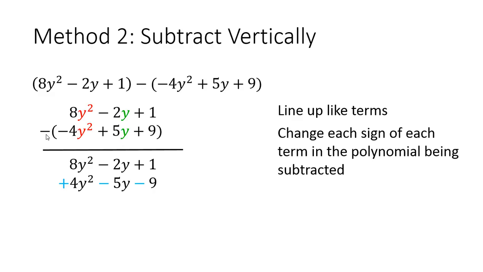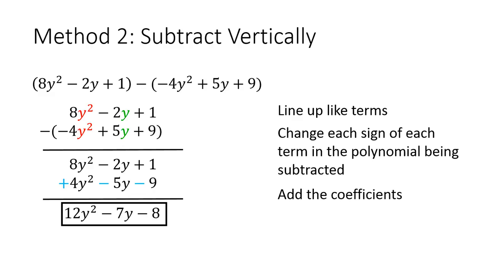So negative times this negative 4y squared, we'll change it to a positive 4y squared, and negative times a positive 5y will become a negative 5y, and then a negative times a positive 9 will give us a minus 9. So the negative 4y squared became a positive 4y squared, the 5y became a negative 5y, and the positive 9 became a negative 9.